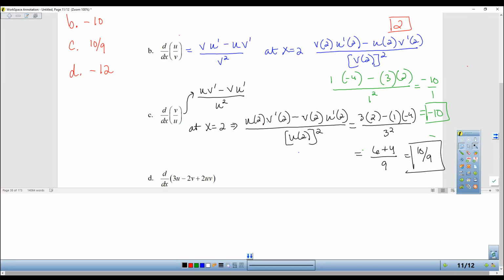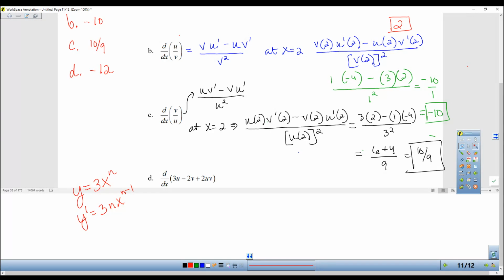Okay, the last one's easy, but it sometimes throws people. If you're taking the derivative of 3 times u, this is something that in the beginning you never would have questioned, but now that we've done so many things, you forget some of the basics. If you have y equals 3x to the n, y prime is just 3 times nx to the n minus 1.